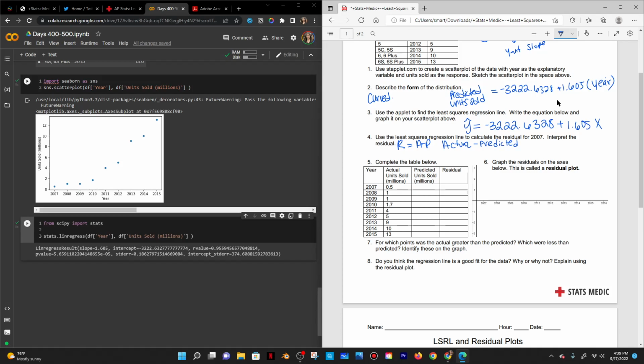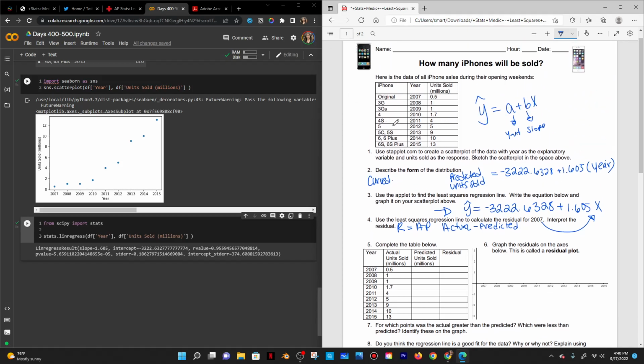Your actual value is the true answer, exactly how many units were sold in that year. And the predicted is what your least squares regression line predicts for the units sold in that year. So the residual is the difference between those two. For 2007, it's telling us to plug in 2007 for x so that we can get the predicted units sold for 2007.